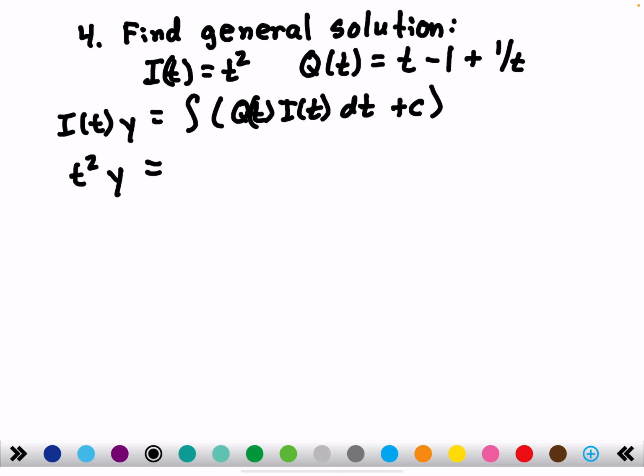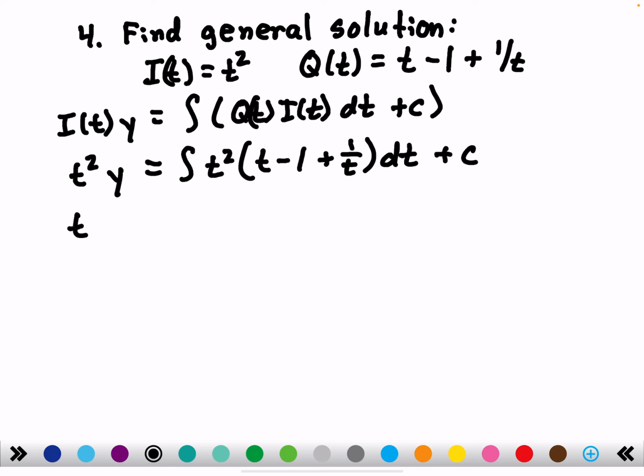So t squared y equals the integral of t squared times q, which is a quantity in parentheses, t minus 1 plus 1 over t dt plus c. So t squared y equals, let's simplify the parentheses first before we integrate.